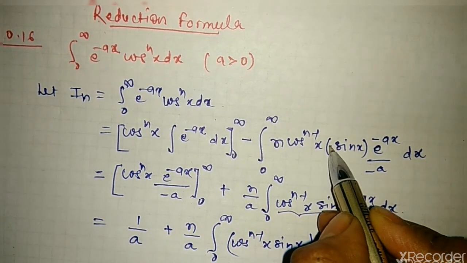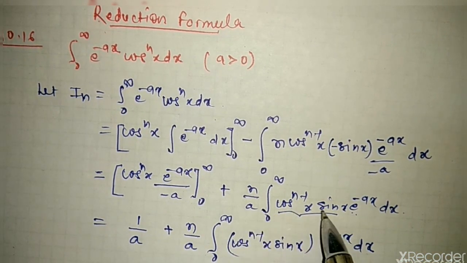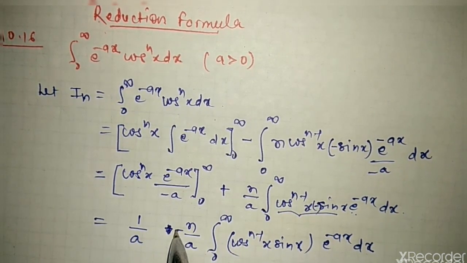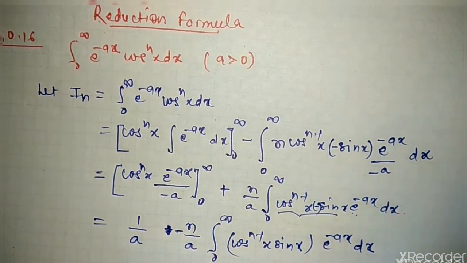Here we have the minus sign, so this function becomes negative: minus n by a.